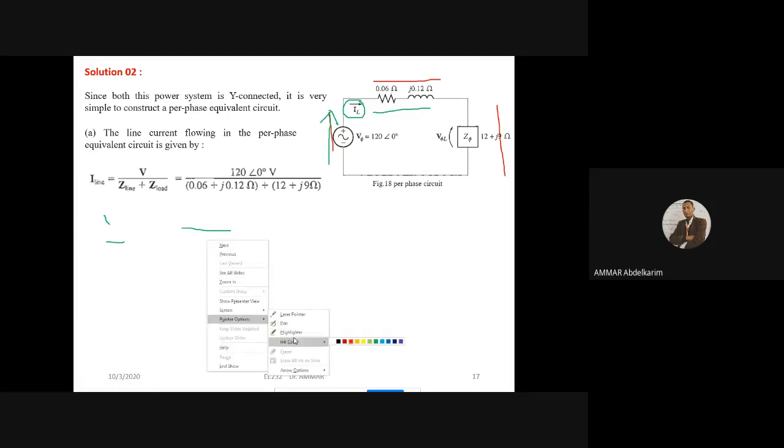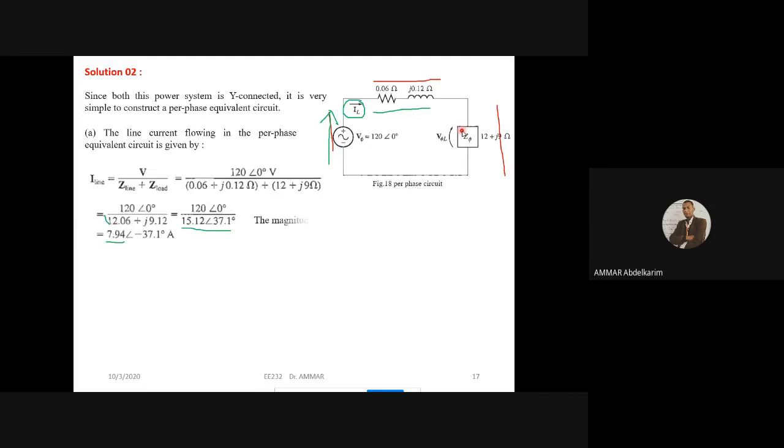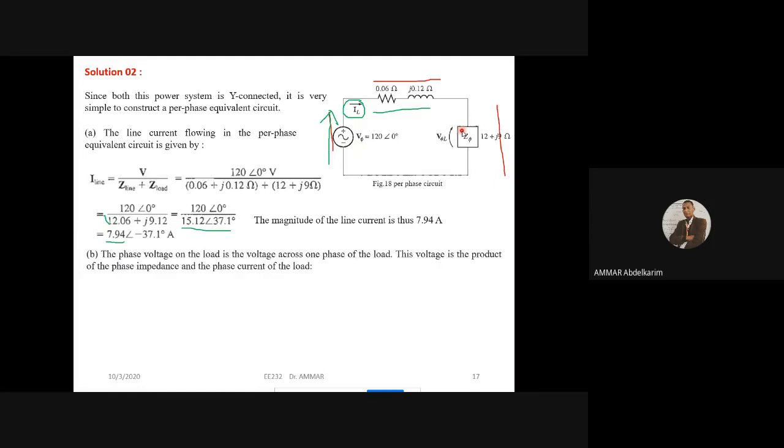Because the phase voltage here is 120 over the impedance. If, for example, the line impedance is neglected, we use directly the impedance of the load. Then the magnitude of the current is 7.94. Now the phase voltage across the load.